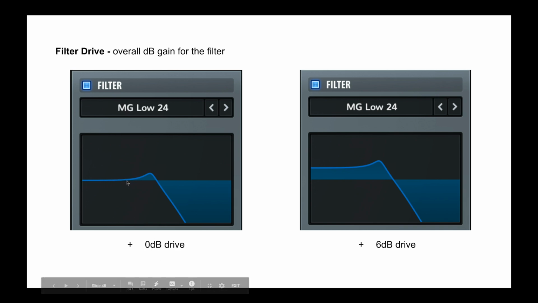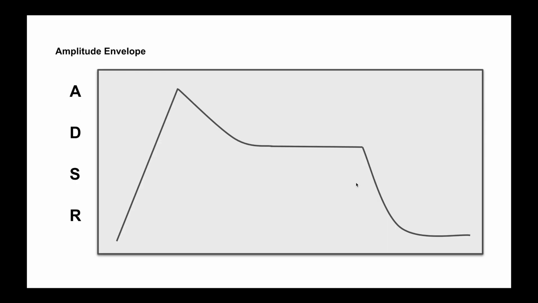So the sound, other than the resonant peak, is at normal volume. If I add drive to it, then it basically just increases the volume of the sound that's unfiltered, right? The sounds that are being let through, in this case, by a low pass filter, okay? So that's just showing you what drive does: it increases the volume of the main sound, okay?